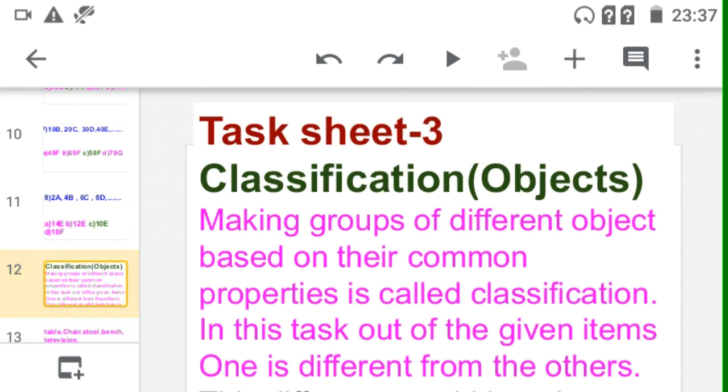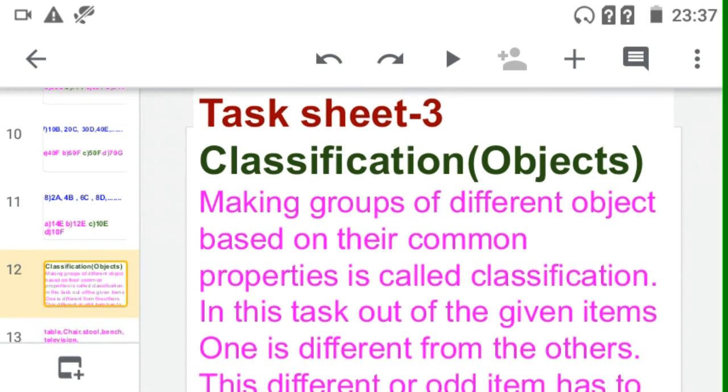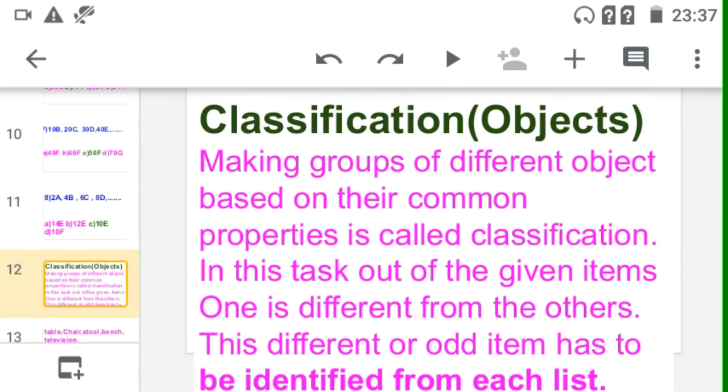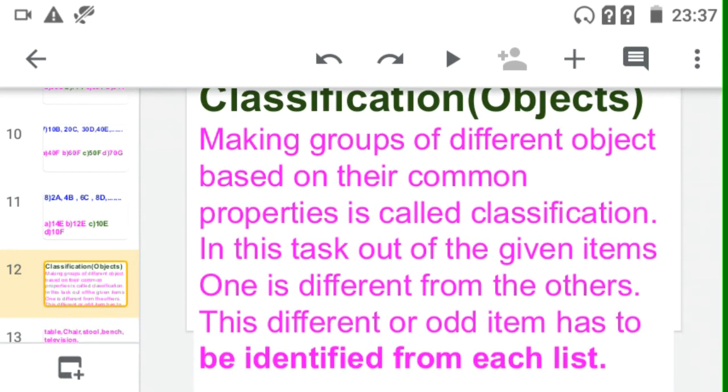Now let's see task sheet 3, classification of objects. Okay, so see the object. What is classification? Making a group of different objects based on their common properties is called classification. In this task, out of the given items, one is different from the others.